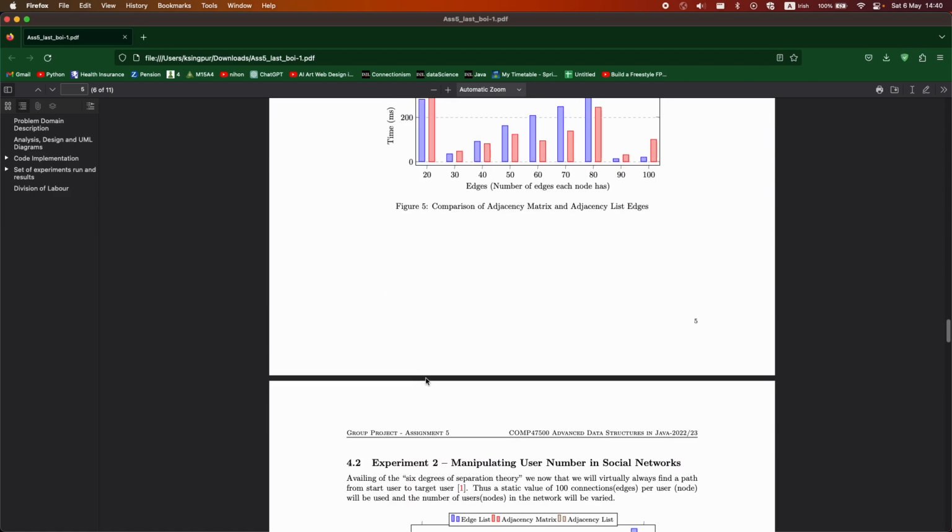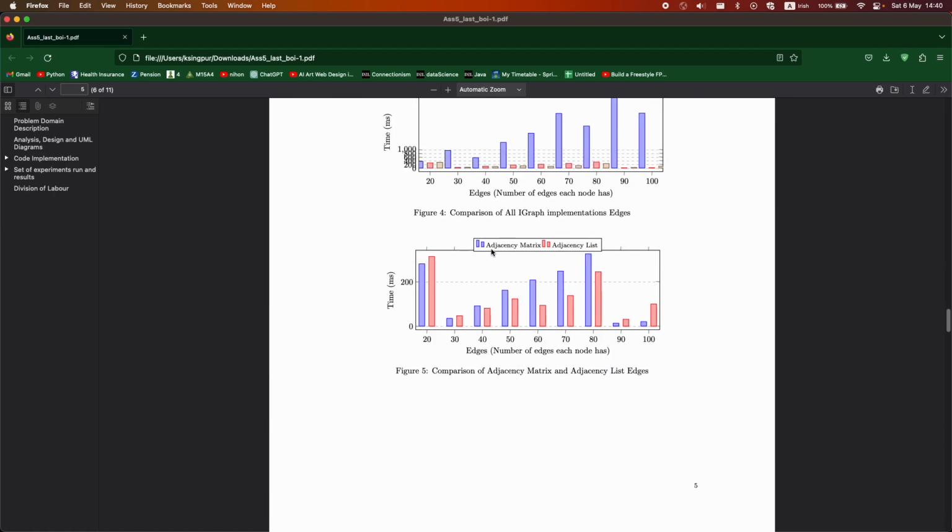So if we go here, the adjacency matrix in blue and the adjacency list in red, we see that it's pretty close, but the adjacency matrix tends to be a bit faster.